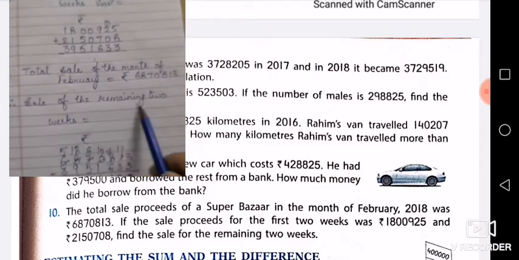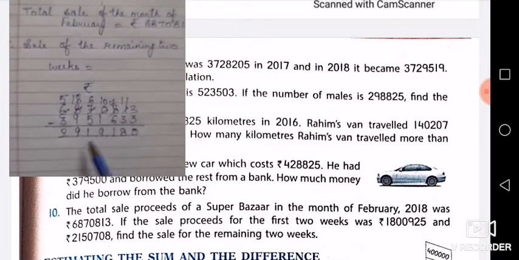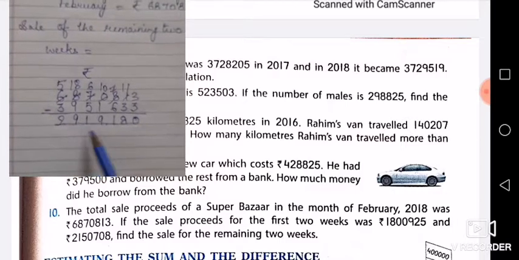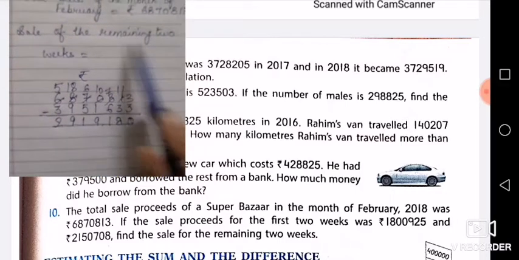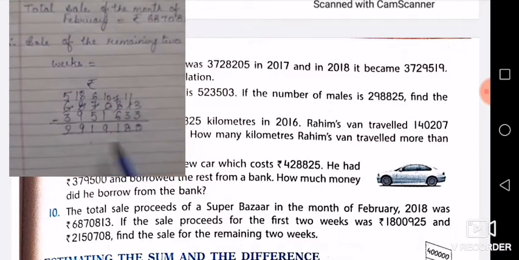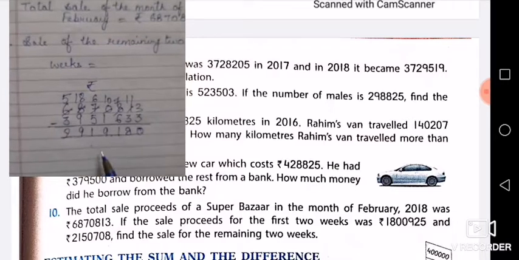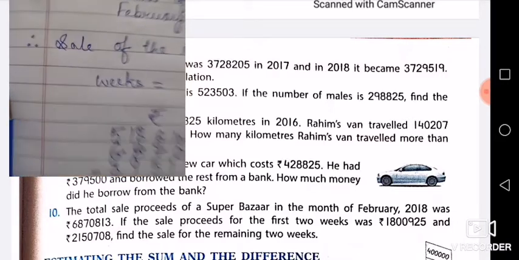Then sale of the remaining 2 weeks, we'll do the subtraction and we'll get the answer. So 29,19,180 will be the sale for the remaining 2 weeks. So here only you are going to solve it. You don't need to write the answer again. So I think this question is clear to you all.